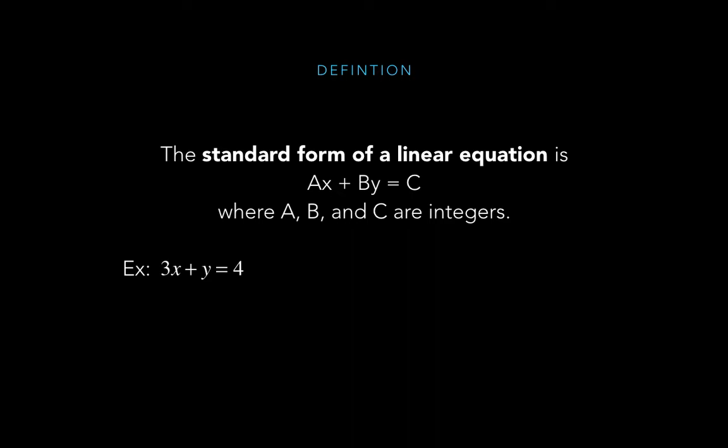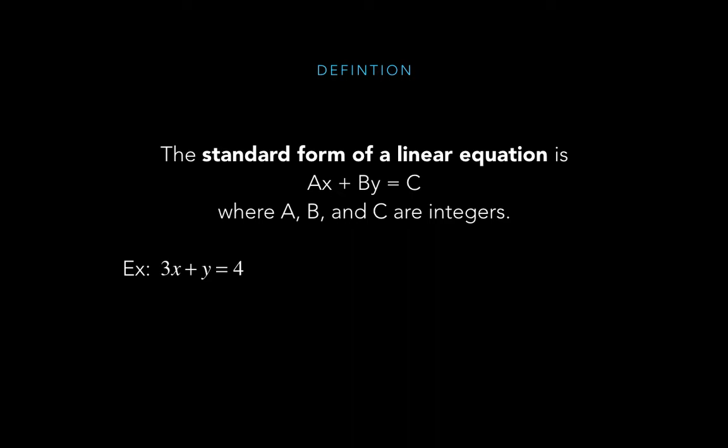Just a little addition to this. When it's in standard form, that a value has to be positive. So if you'll write that down in addition, that a value has to be positive. Just like our 3 is positive.